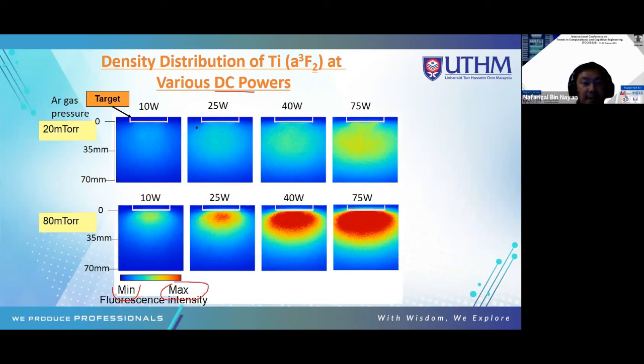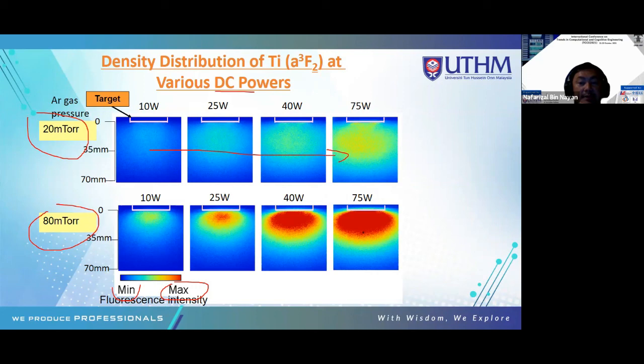When we increase the power, of course, we see the density increasing. We can also see the distribution. On the top is 20 millitorr, and the bottom is 80 millitorr. This is the gas pressure.